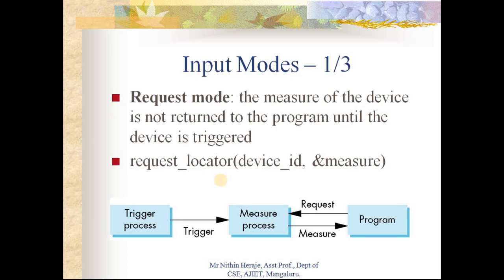There are three different input modes, out of which we'll discuss the first one, the request mode. The measure of the device is not returned to the program until the device is triggered. You have this request locator device ID, from which you can get which device it was triggered from, and the measure, or the value of whatever was given as the input.